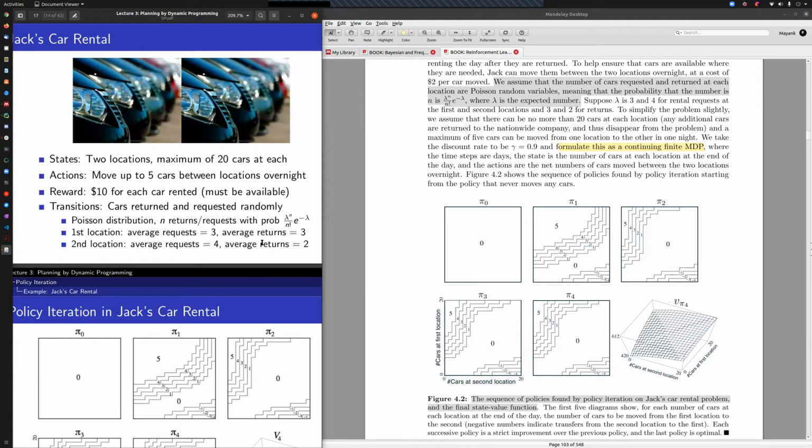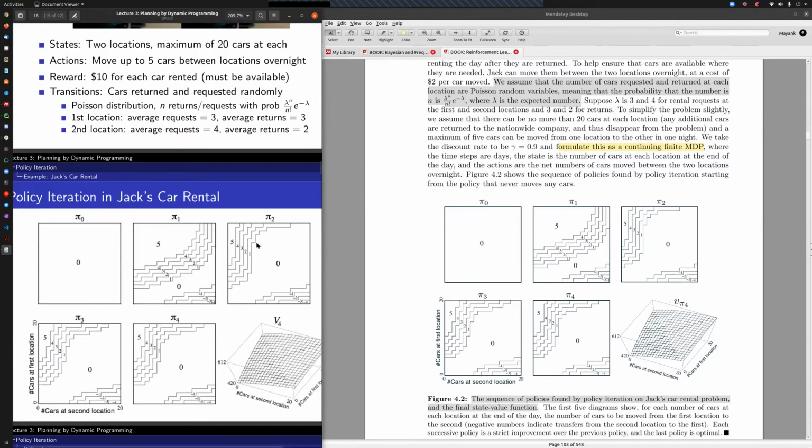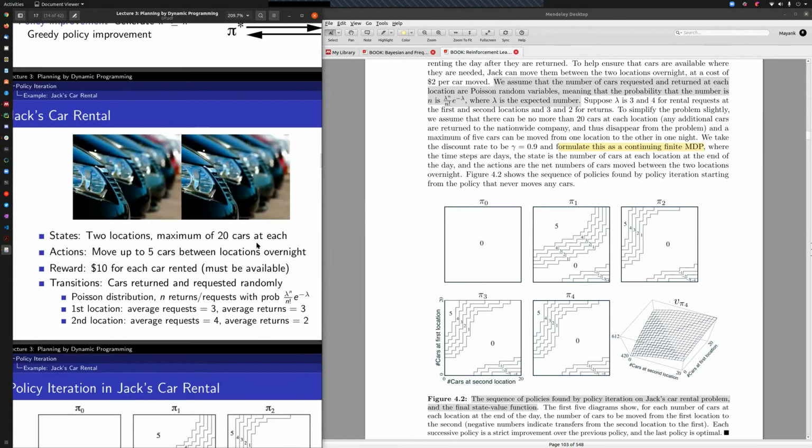It's a bit confusing, this collision of continuing and episodic tasks in this case.